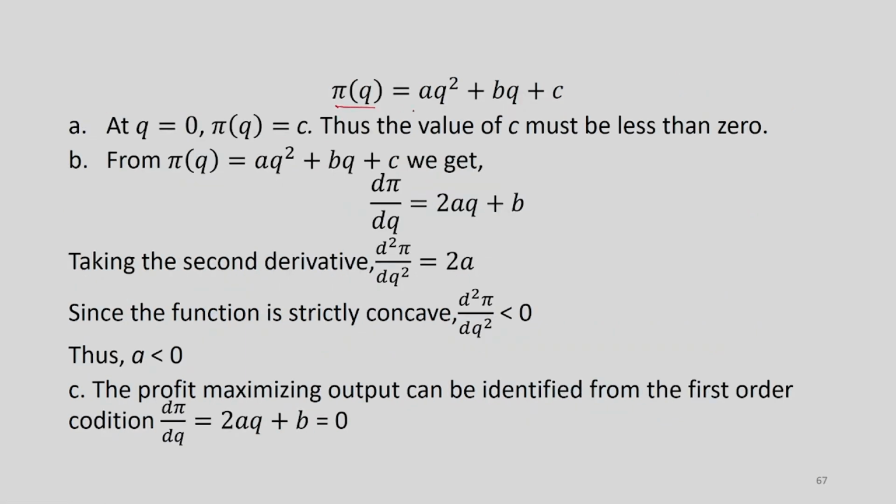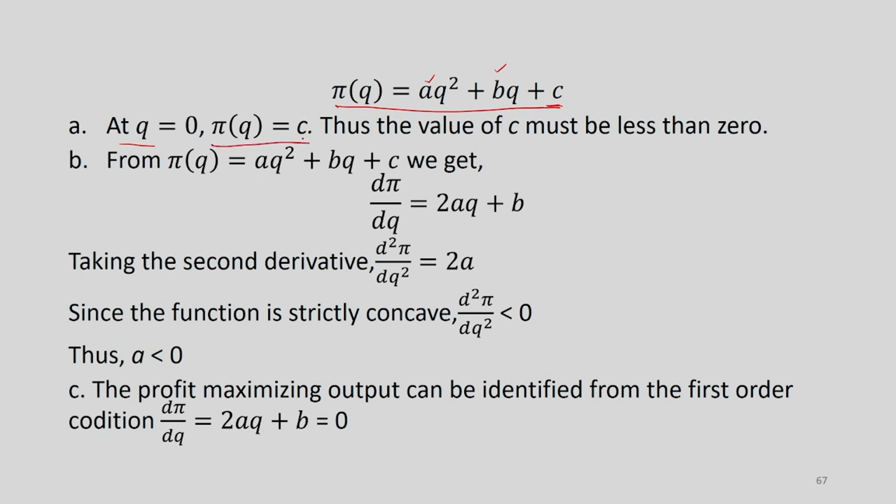Profit function is given as a q square plus b q plus c. So, what we do is that we put q is equal to 0. So, that will give me the profit at output 0. Now, if we do so, the first 2 terms will vanish, right, because these are multiplied with 0. So, only the constant term will remain, which is small c.